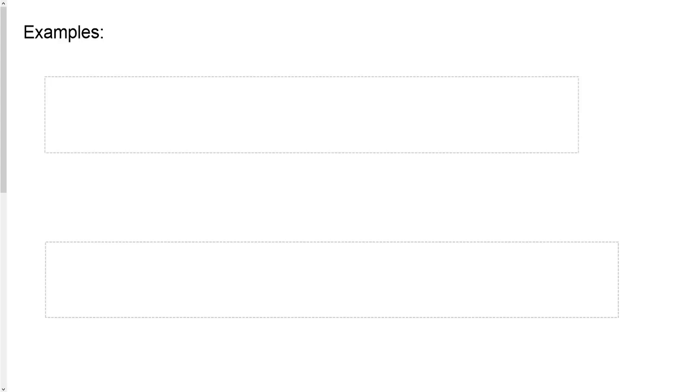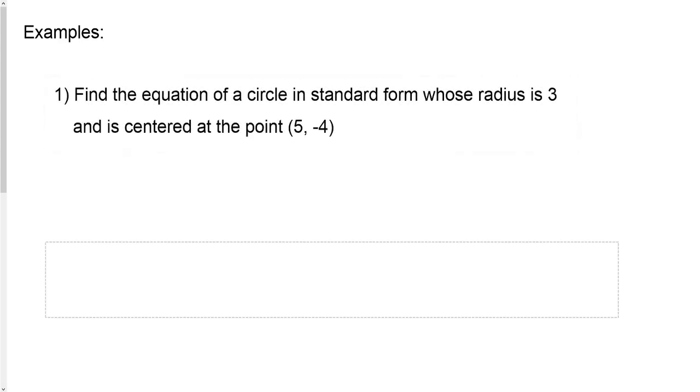Let's look at some examples of working with this. So the first example is to find the equation of a circle in standard form whose radius is 3 and is centered at the point 5, negative 4. So we just need to make sure we remember x minus h squared plus y minus k squared equals r squared.